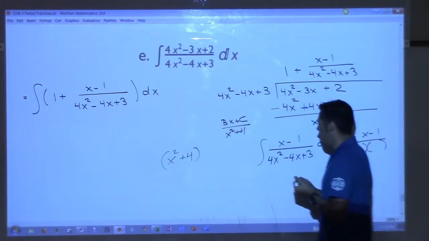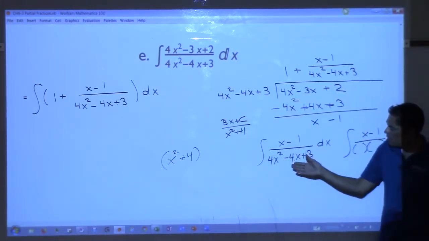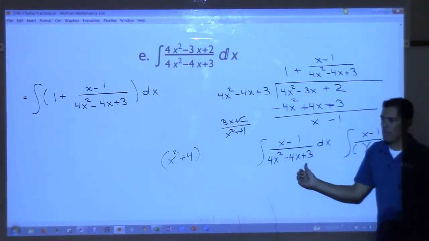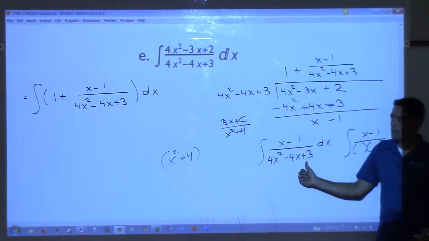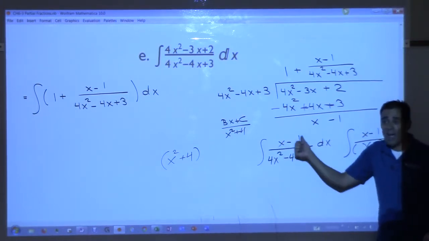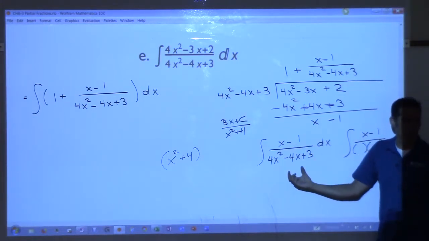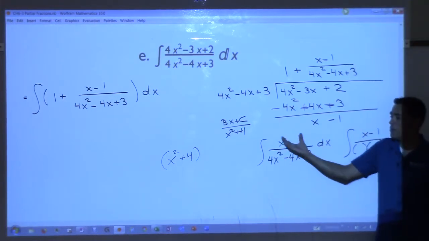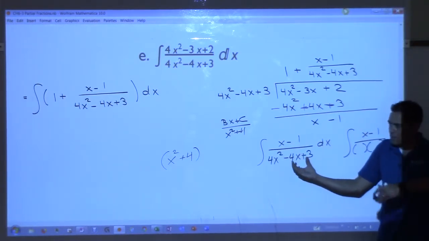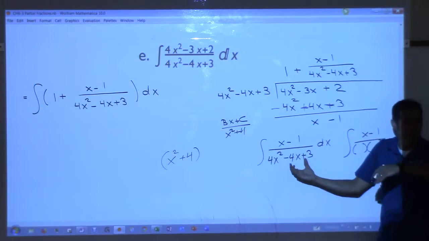So sometimes students will say, hey, look, I can just do that to this. Yeah, see, the thing is, we already have a linear over a quadratic, right? So using partial fractions would just give us a linear over a quadratic, which is exactly what we already have. So you're wasting time to get yourself to somewhere you're already there.